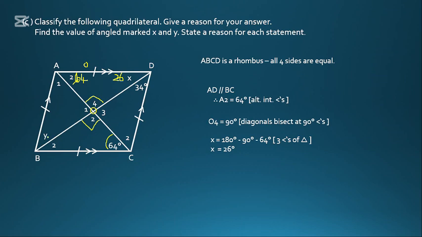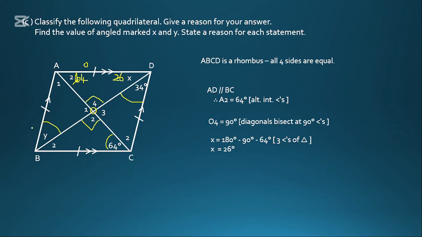Now we want y. Okay. I can actually see that y and 34, they are alternate interior angles. Can you see there? From the parallel line to the same transversal. So it's like this. Right.